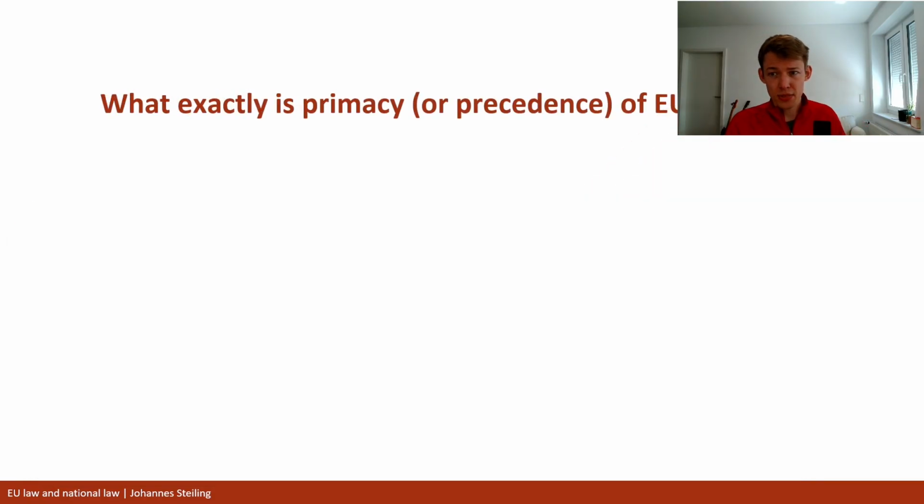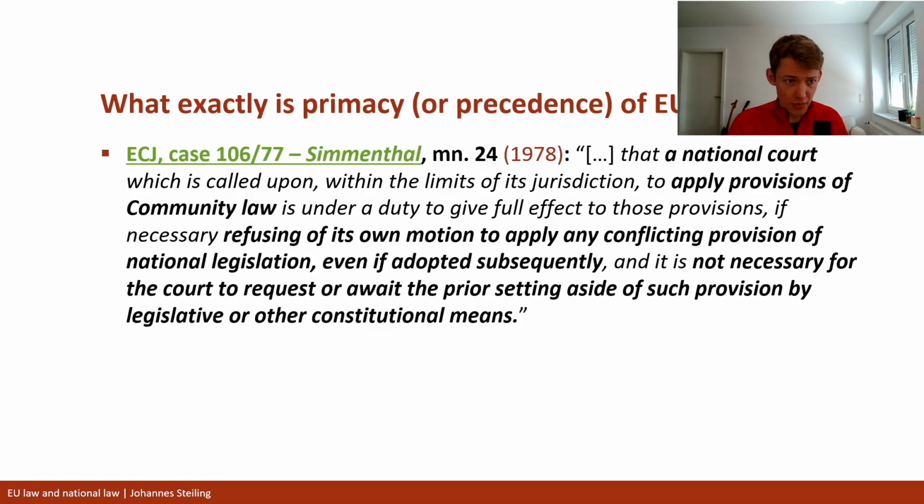One of those cases is ENEL, a decision from 1978. In this decision, the ECJ defines what primacy or precedence exactly means.